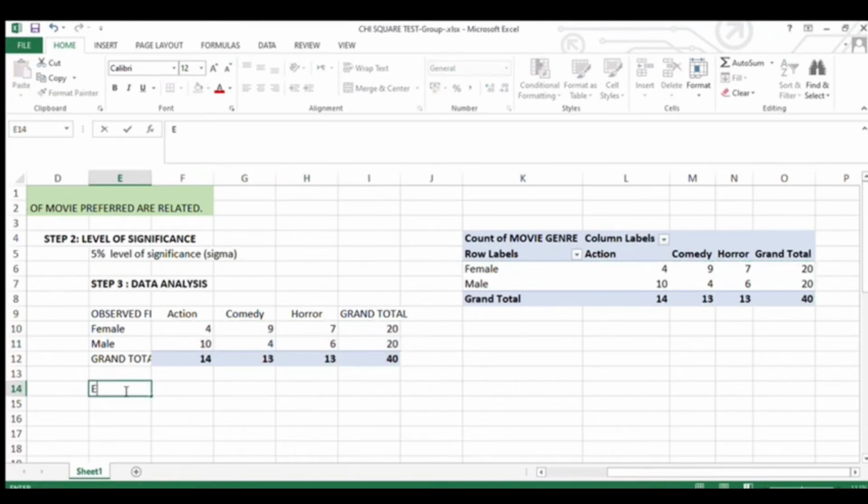After you have done with the observed table, you then need to develop the second table, which is the expected frequency. It's just the same. In the expected frequency, you also have to insert the data of action, comedy, horror, grand total, same as female, male, and grand total.